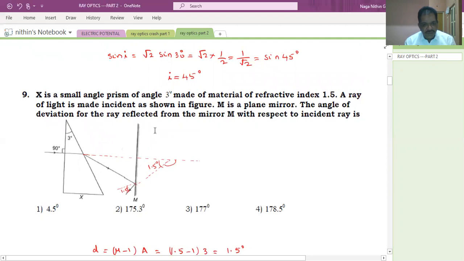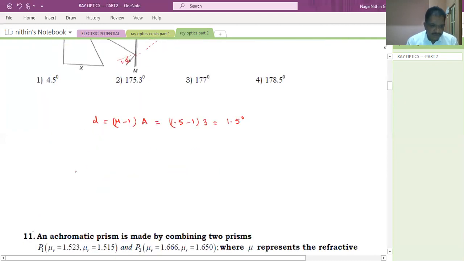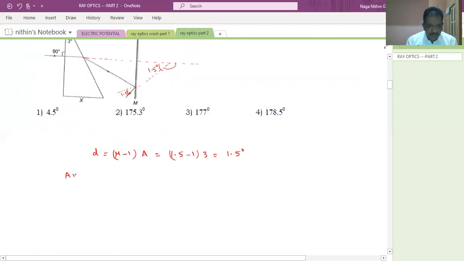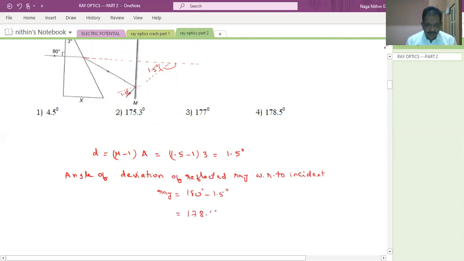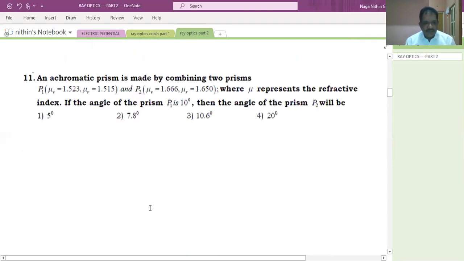Angle of deviation of the reflected ray with respect to the incident ray. 180 minus 1.5 degrees. So this value is 178.5 degrees. Okay.